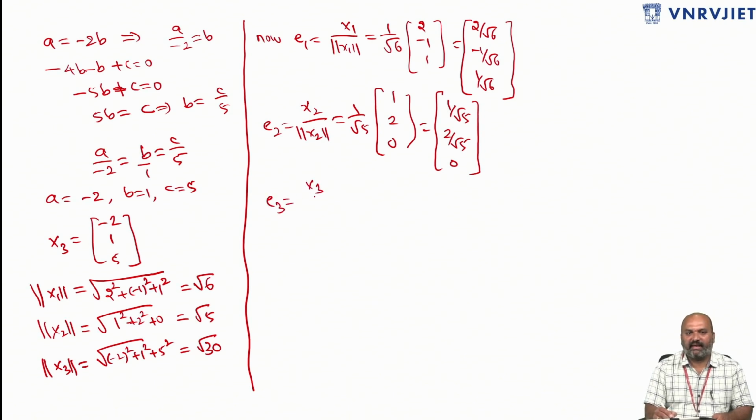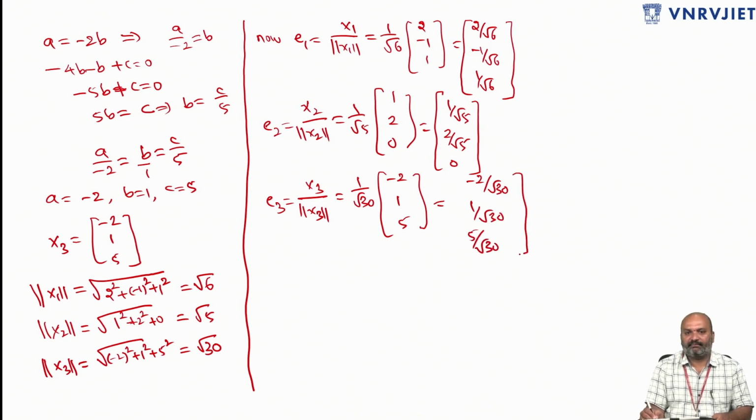E3 equals x3 divided by the magnitude of x3, which is 1 by root over 30 times minus 2, 1 and 5, which is minus 2 by root over 30, 1 by root over 30 and 5 by root over 30. Okay, so these are the three normalized eigenvectors.